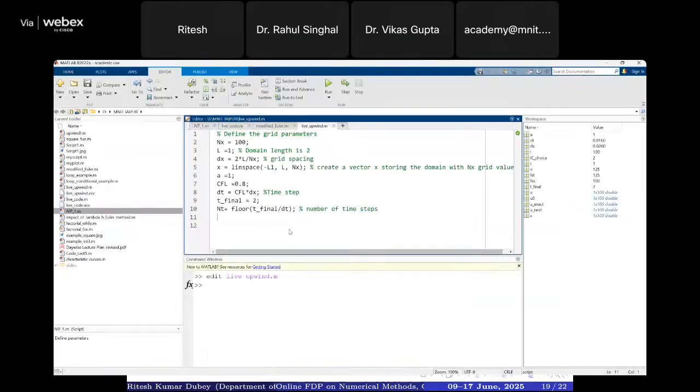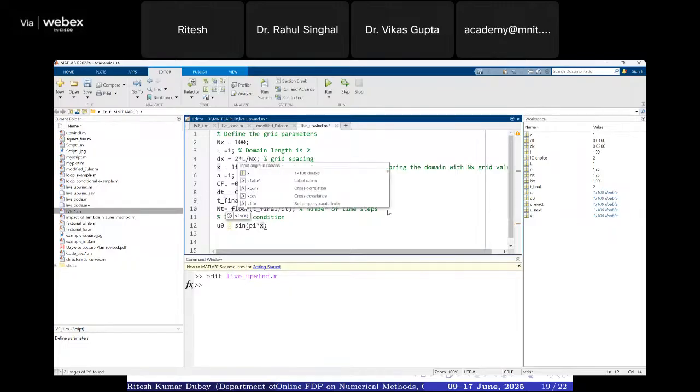Then what else is required? Okay, so I'll choose only one initial condition. So let me choose the initial condition. I can store that initial condition in U0. So U0 I'm defining as sine of pi times x, where pi is an inbuilt variable in MATLAB.